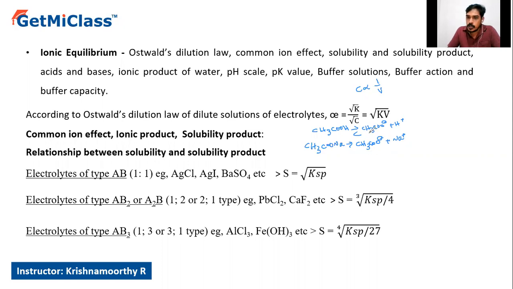The CH3COO minus ion should combine either with Na plus or with H plus. If it combines with Na plus, you must get back this sodium acetate. If it combines with H plus, you must get back this acetic acid. And if you consider H plus and Na plus, Na plus is somewhat bulky.